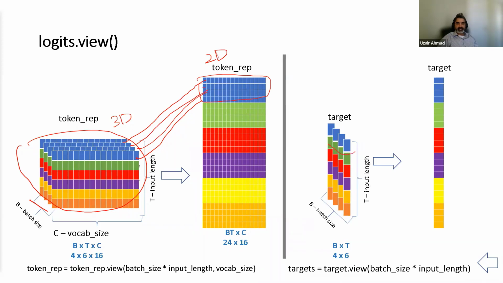Similarly, in the targets, the first 4 in a batch of 4 are taken and put like this. The second words, all 4 batches, are put like this. Third, fourth, fifth. Just the shape is changed, the information is there. So now we can apply cross entropy.